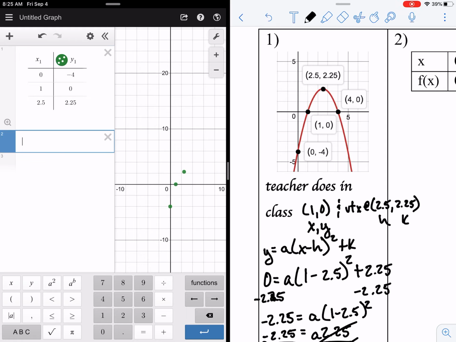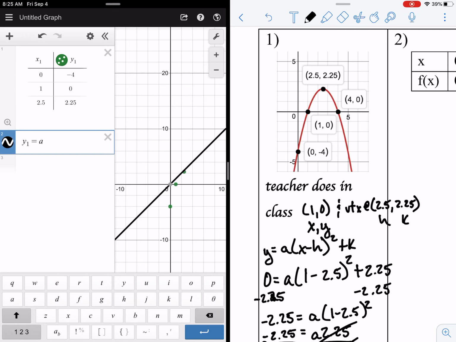Then I'm going to say y1 is equal to, and because I'm using vertex form or standard form, it doesn't matter, I'm going to do this one using standard form.